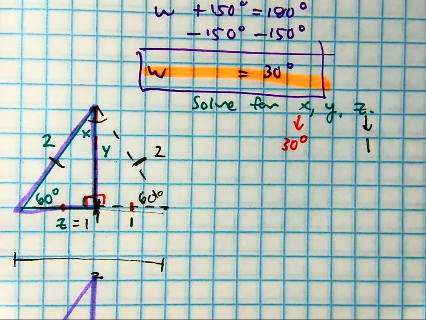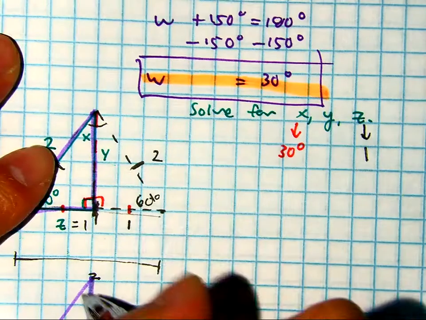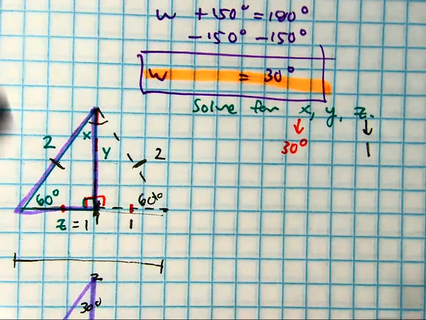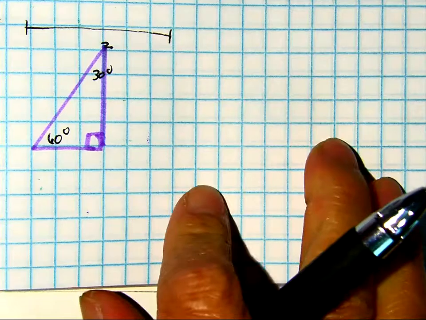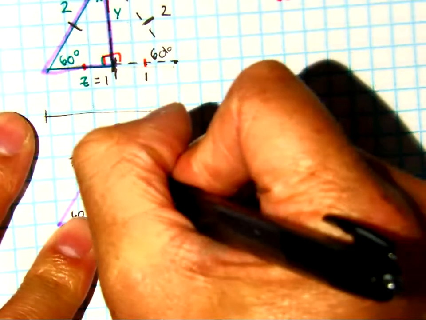So now I have a 30. Now I have a 30, 60, 90. This is 2 and this is 1. And then I can just use Pythagorean theorem to solve for the third side.